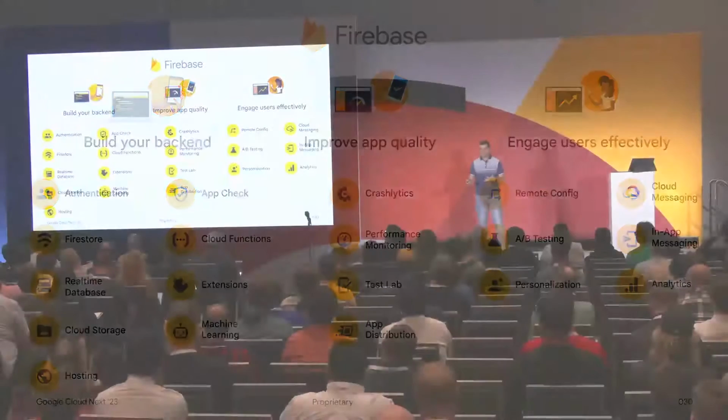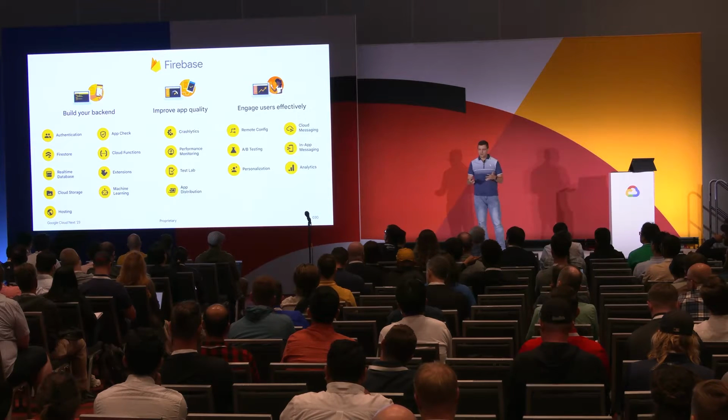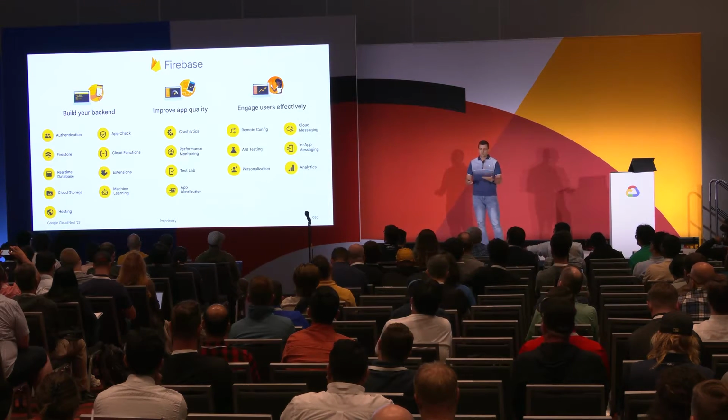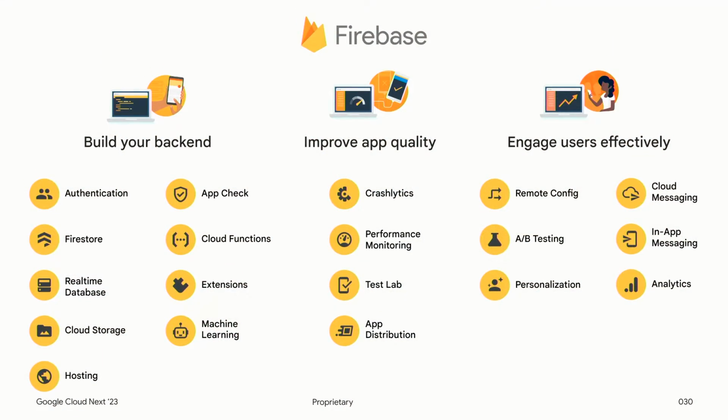These are capabilities we've created that often are Google Cloud services that we make available to you as an app developer in an integrated way that Google Cloud by itself just doesn't make easy to do. Then we have the middle column, which is improve app quality. We have the very famous product Crashlytics. We have Test Lab, things that make building, especially mobile applications, much easier. And finally, we have in-app messaging and Remote Config, again, products that make the world go round. Cloud Messaging is very, very pervasive out there. All these products together are Firebase.